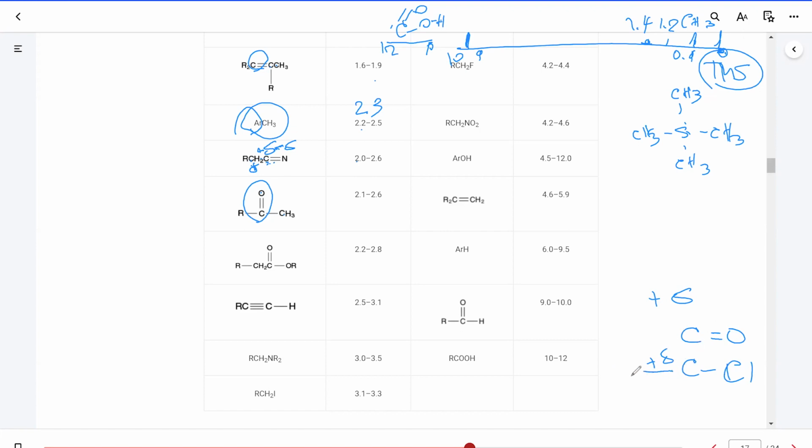So if this is attached to another carbon carrying a hydrogen, this hydrogen is going to be affected and is going to be de-shielded. And if it's de-shielded, it would be further away from TMS. Basically, it appears at a higher number. So that is basically the concept.